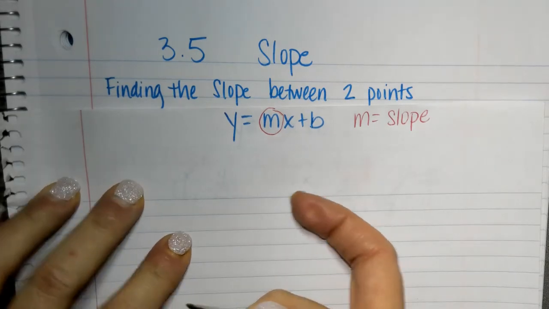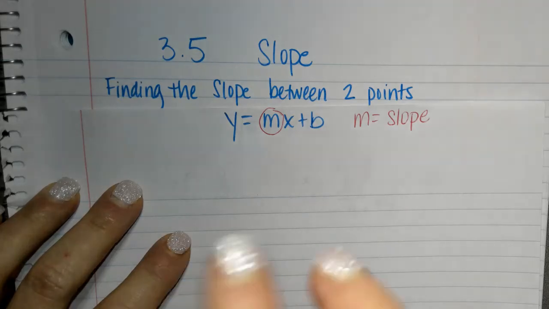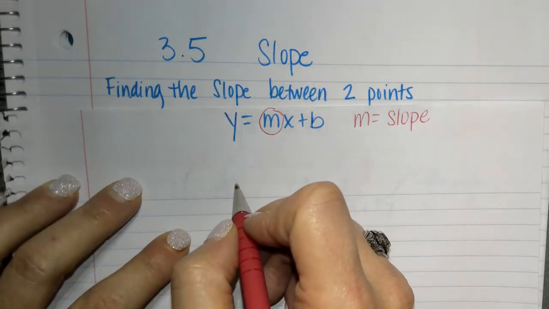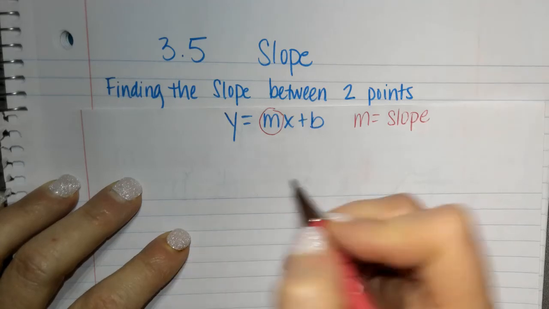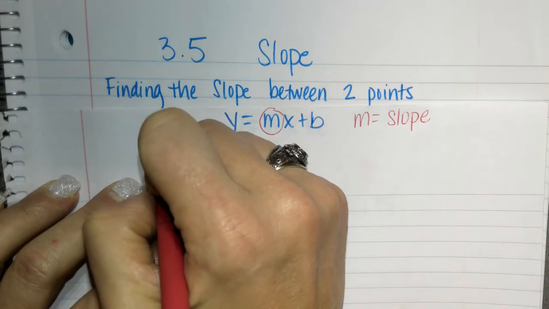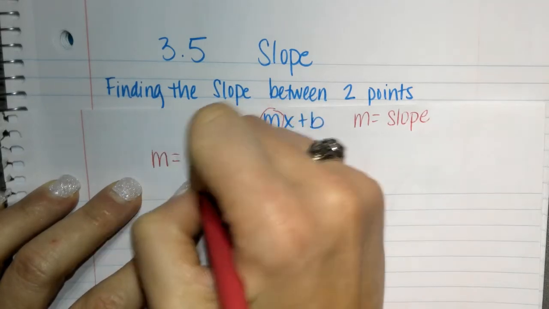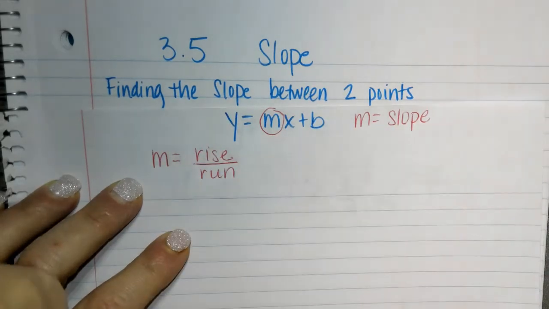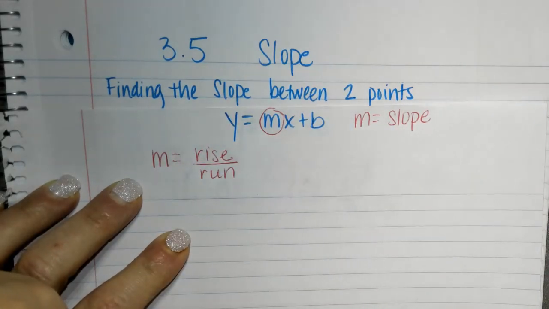But tonight we're really going to focus on finding the slope if you have 2 different coordinate points on a graph. Okay? And the way we're going to do that, we're going to write this definition out, is m equals rise over run. Remember that? Rise over run.